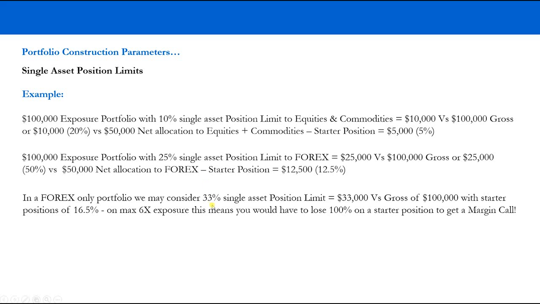You take the positions as either a starter position or a full position size, and if you go through your soft targets, you can increase the single asset position limit on that particular winning trade, as long as your stop loss is either above or below your average price in a long or a short, in order to protect the actual money that you've made to that point. Now, of course, you still have gap risk.